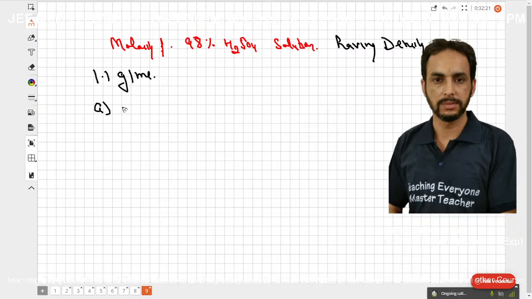Option A, molarity will be 1.1. Option B will be 11. Option C will be 22. And option D will be 5.5. What will be the answer?